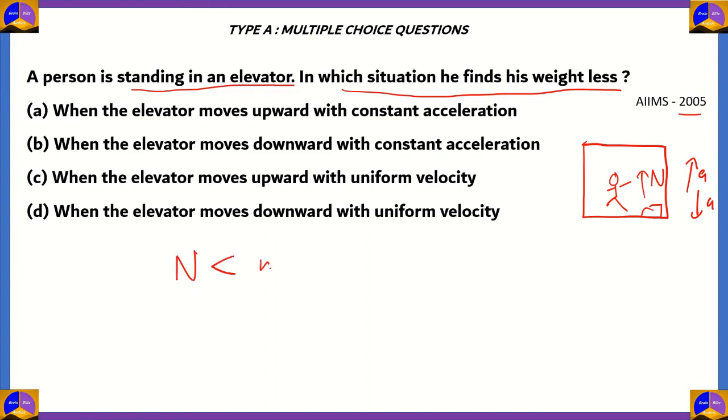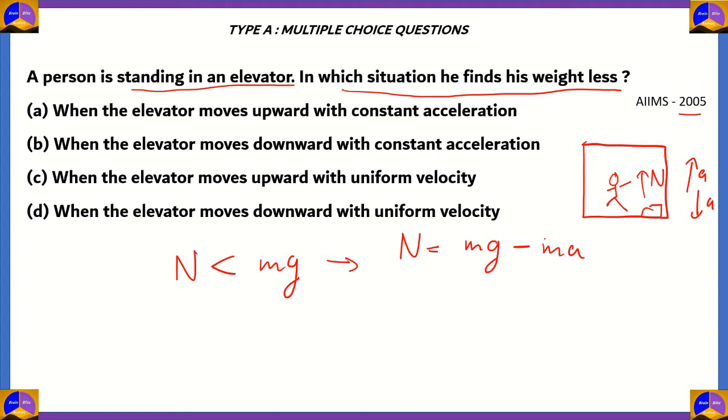less than mg. So when normal reaction is less than mg, technically what this means is that normal will be equivalent to the weight of the object or person minus an upward force, because this is a non-inertial frame of reference, so we need to add a pseudo-force.